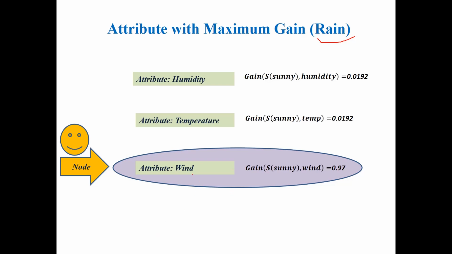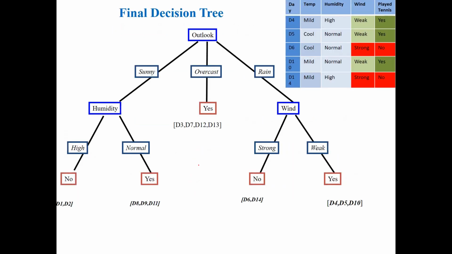So after this rain value, we will consider wind as the next node, because it has the maximum gain over temp and humidity. As far as this wind is concerned, for weak there are 3 examples and all 3 are positive, and for strong 2 examples are there and both are negative. So this is the final decision tree.